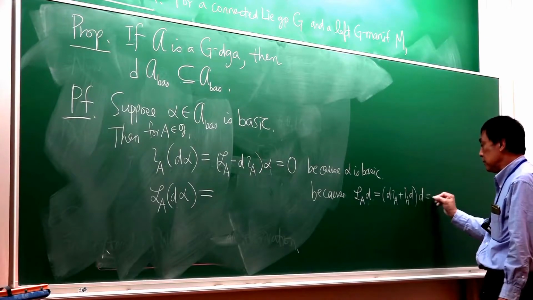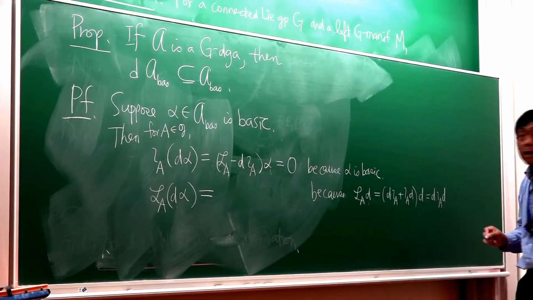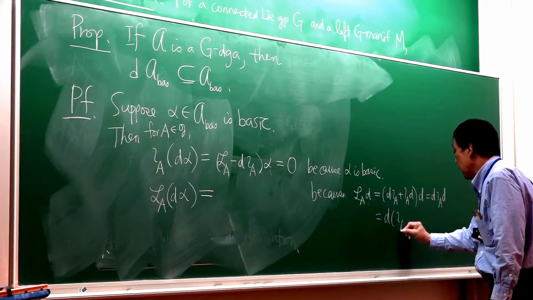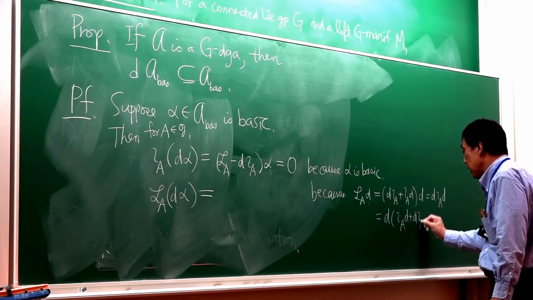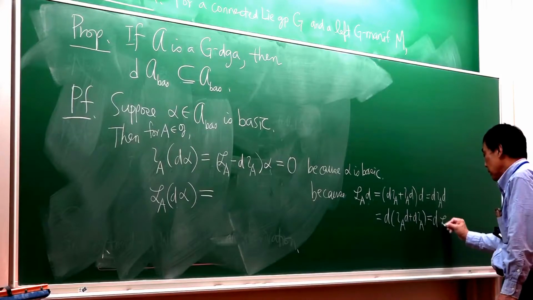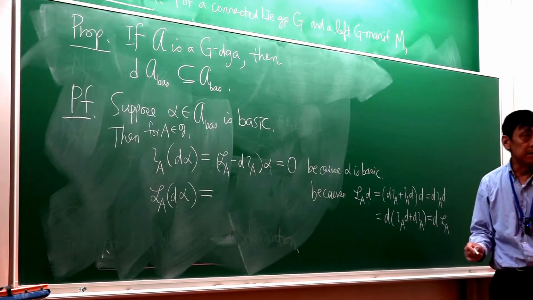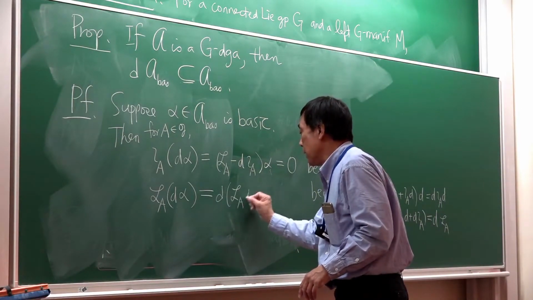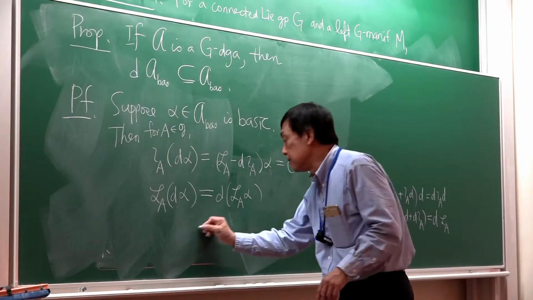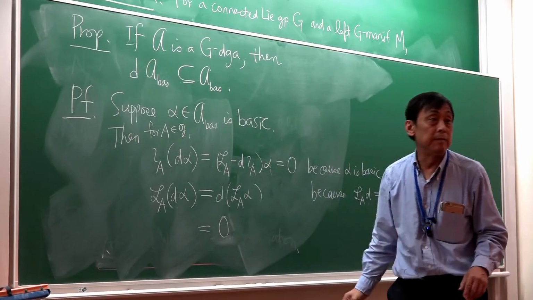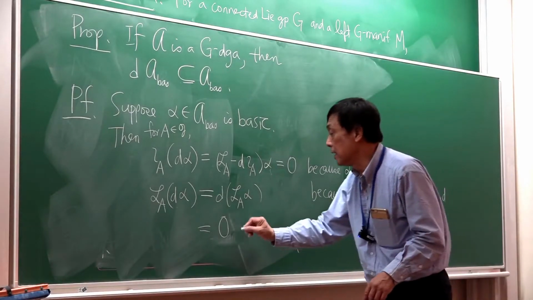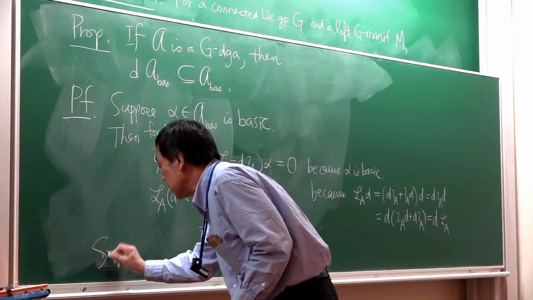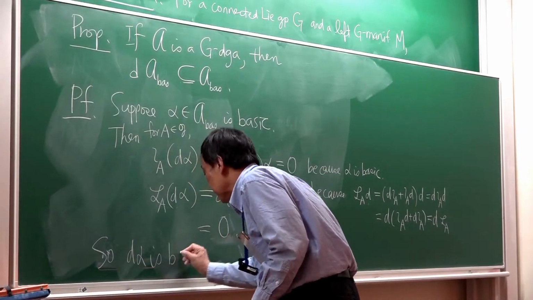DD is 0, so this is DIAD. And that's the same as DIAD plus DIA. And so that's DLA. Okay? So the Lie derivative commutes with D. Okay. DLA alpha. And that's 0 because alpha is basic. So it's invariant. Okay? And yeah, so D alpha is basic.